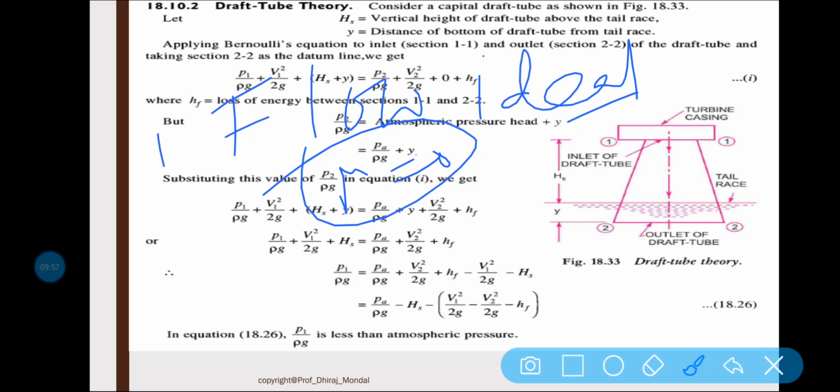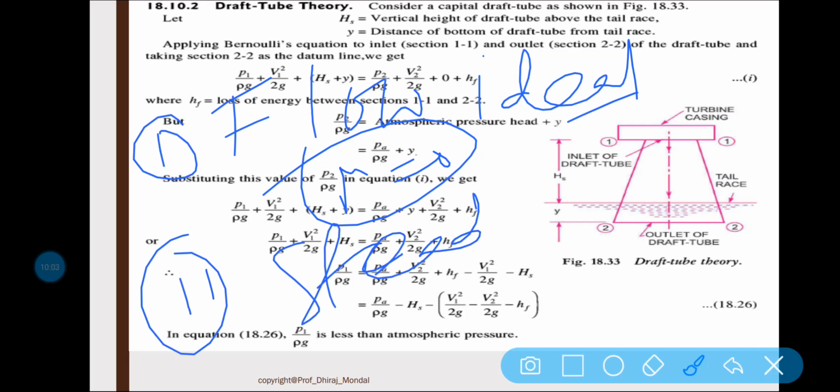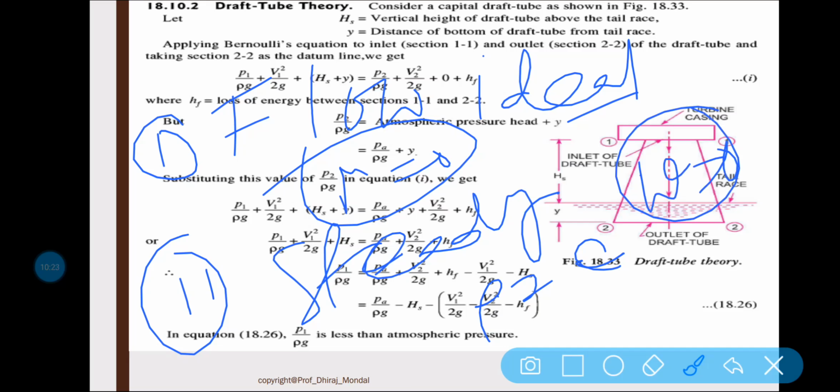Another assumption: the flow is steady. Any other assumption? The flow is incompressible, that means rho is equal to constant. And one more very important assumption: the flow is irrotational, that means it is not rotating.